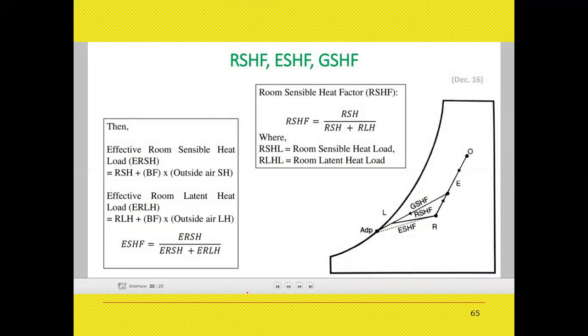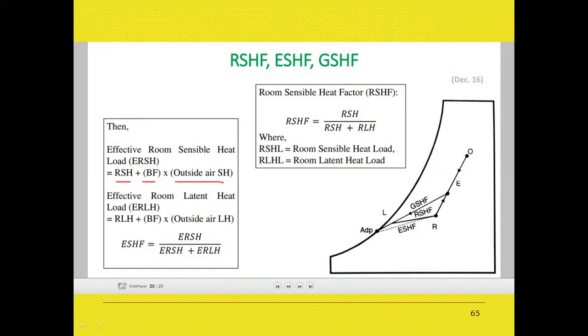So what happens when these are used for the outdoor and indoor concepts? Now the effective room sensible heat, ERSH. The effective room sensible heat ERSH is equal to RSH plus BF into outside air SH.